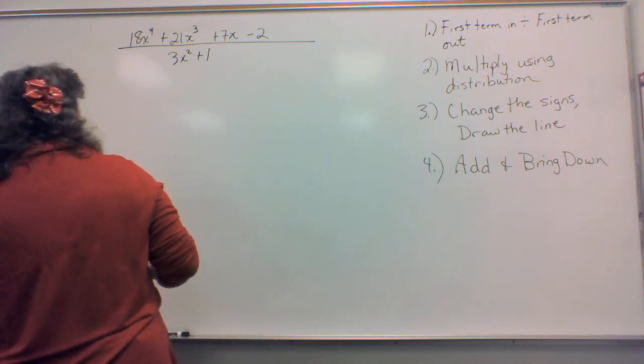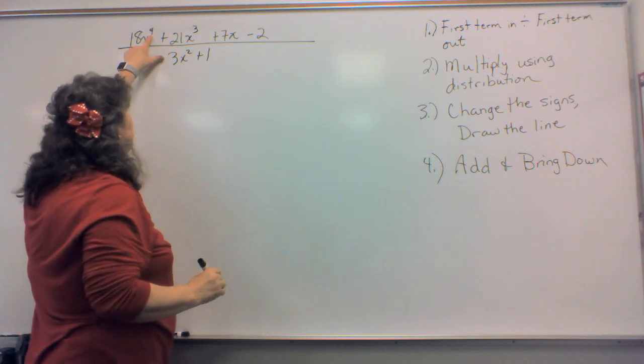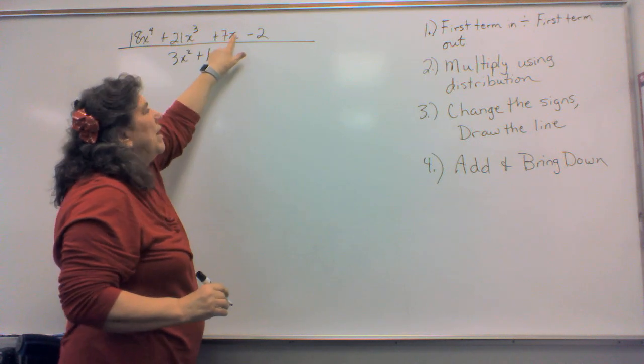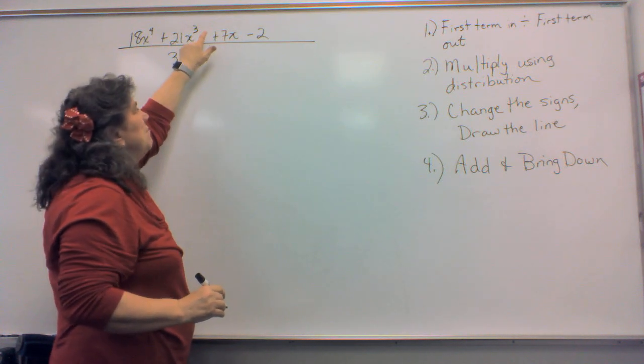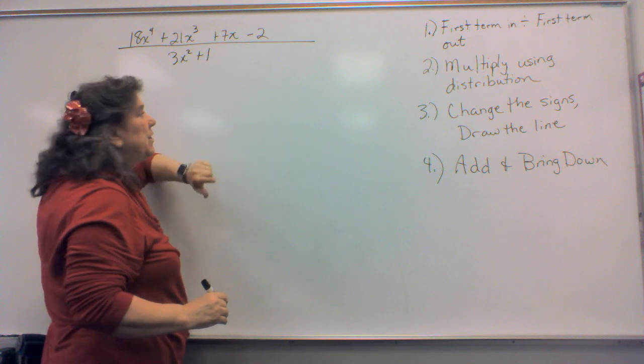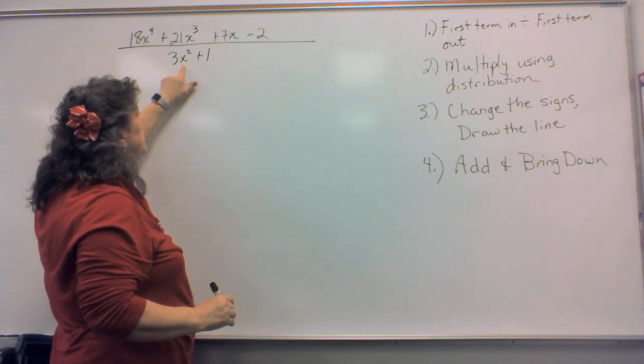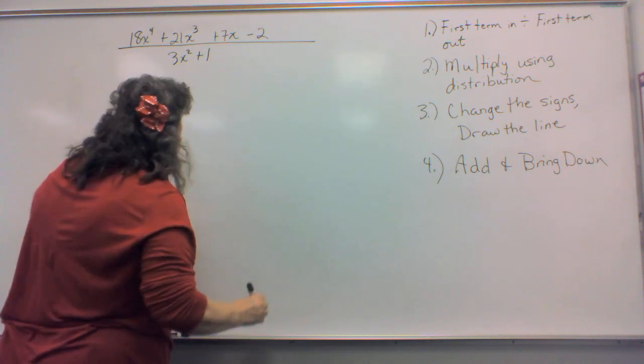The first thing you need to notice is we have exponents 4, 3, and 1. So we're missing an x squared term, and we have x squared and no x. So we're going to have to put some terms in.